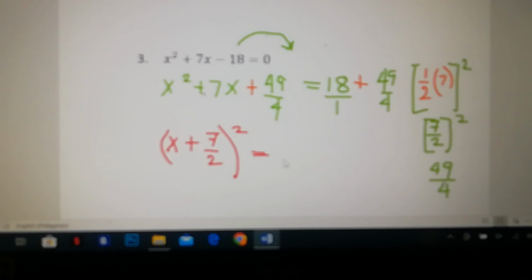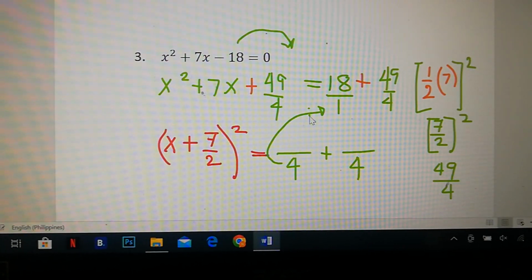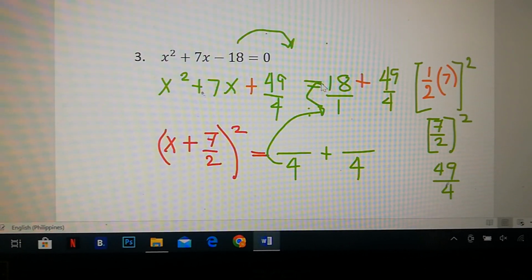To change this to a fraction with a denominator of 4, 4 divided by 1 is equal to 4, times 18 is equal to 72.